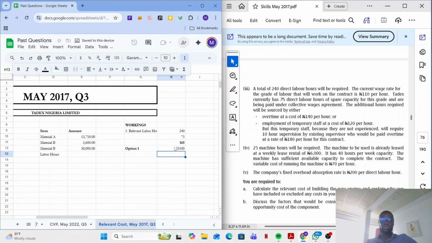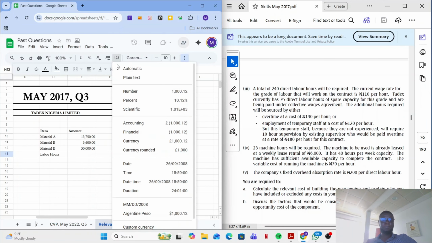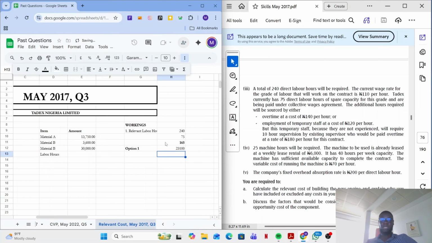The option two, according to them, is an employment contract. Employment of a temporary staff at a cost of 120 naira. So they want to get a particular person at 120 naira.